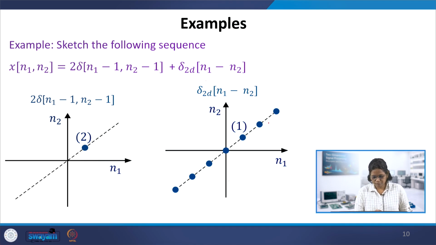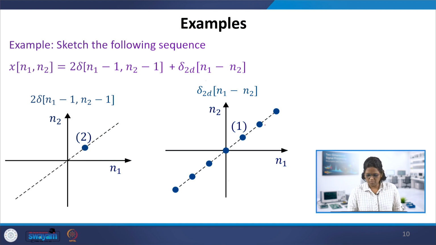Now this x(n1, n2) contains these two components. By adding the two, what would be the resultant? At the other points, 0 0, minus 1 minus 1, minus 2 minus 2, minus 3 minus 3 and so on, the first component doesn't have any values, that's 0.